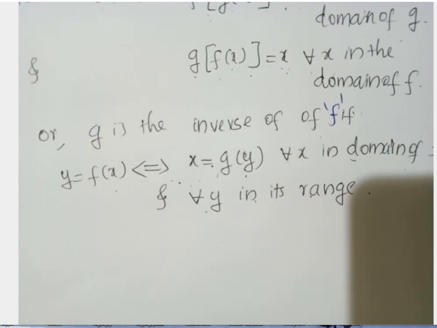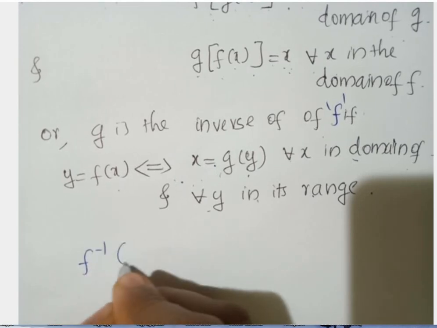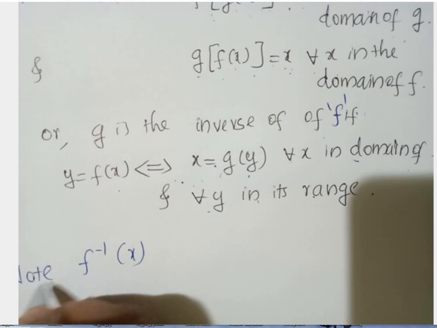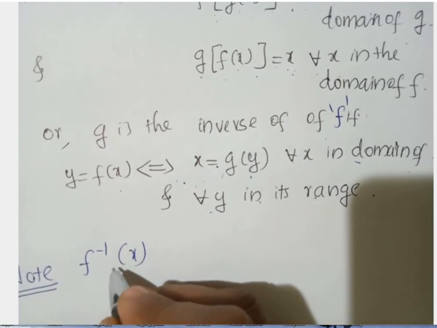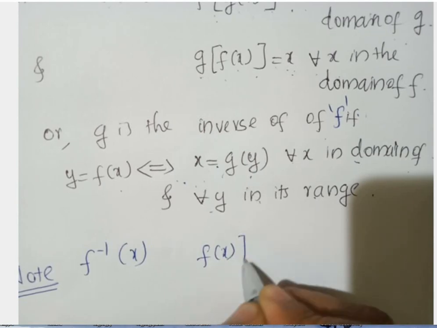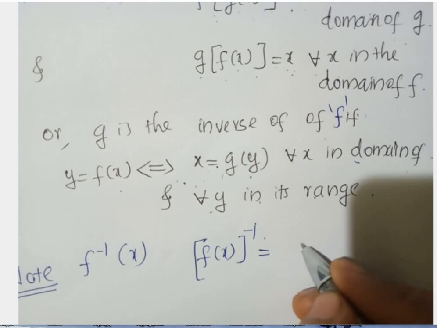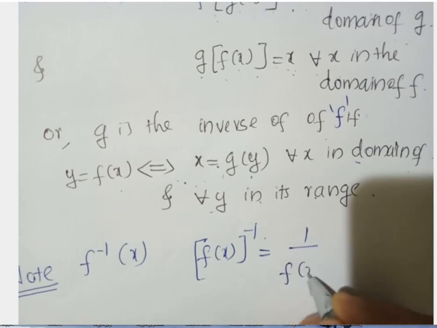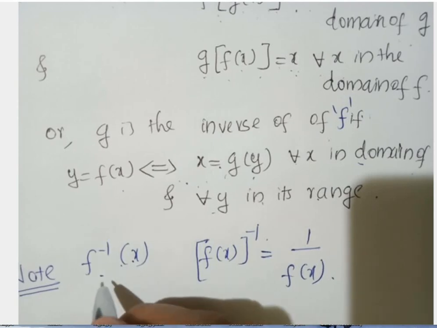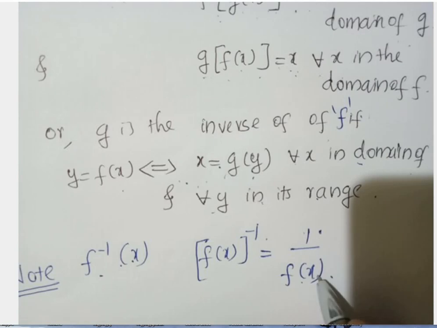Do not confuse f inverse of x with f of x whole inverse. These are two different things. F of x whole inverse is equal to 1 by f of x, but f inverse of x is a function which reverses the function, not 1 by f of x.